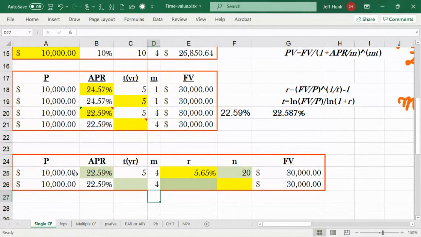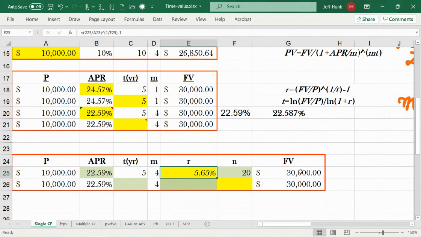If compounding is quarterly and APR is given as 22.59, that's what we found last time, the periodic rate has to be 5.65. We solved this first, for us to arrive at the same future value.